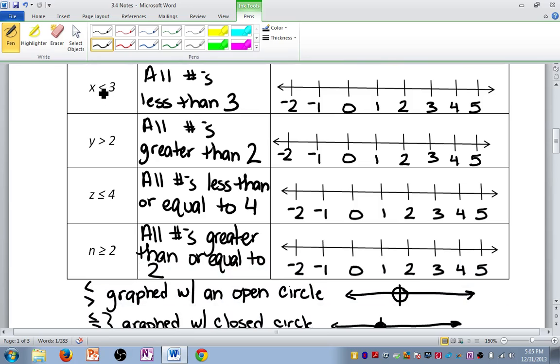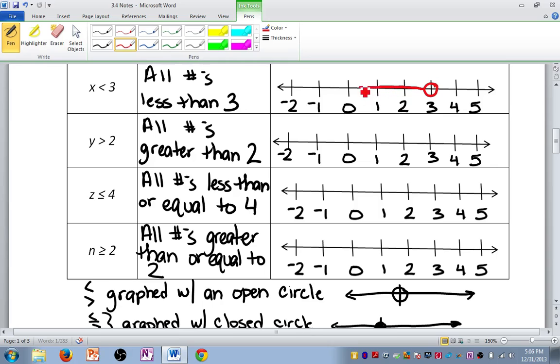If we wanted to graph x is less than 3, I'm going to find my value 3 on the number line, and I'm going to change my color just so you can see it a little bit better. Here's my 3. I want anything less than 3, but because it's the less than symbol, I'm going to use an open circle and any number less than 3.